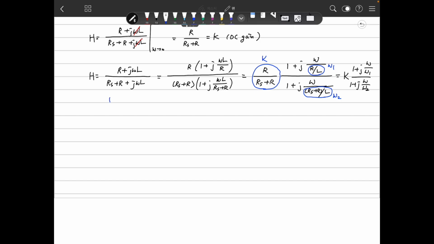So K is R over (Rs plus R), omega 1 is (Rs plus R) over L, and omega 2 is R over L. So in this case, omega 1 is larger than omega 2.